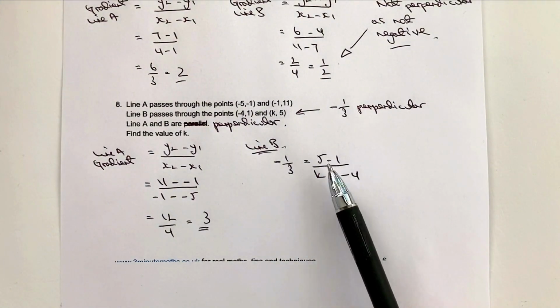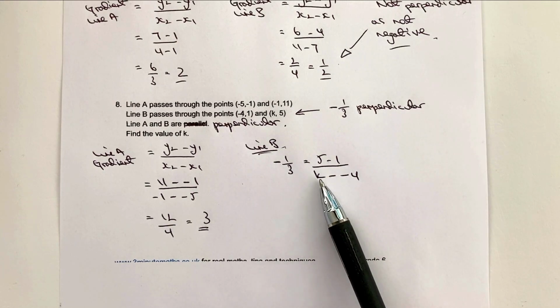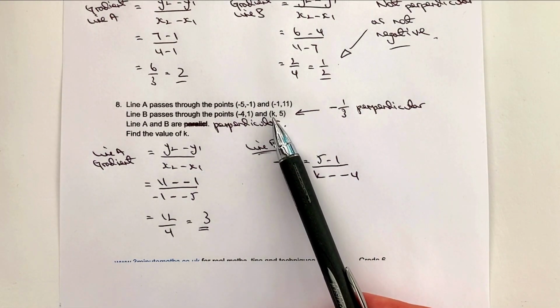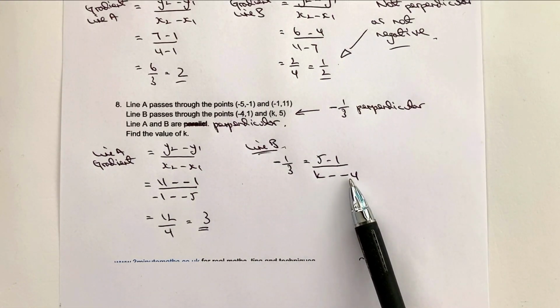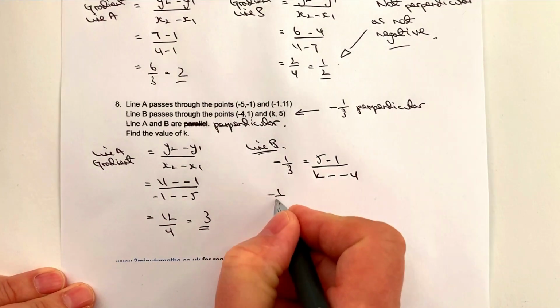Okay, so hopefully you're following this. All we're doing is taking y2 minus y1 divided by x2 minus x1, where x1 is minus 4. Then really it's just a case of solving for k. You need to find the value of k. So let's tidy that up a little bit. I'm going to leave minus 1/3 as it is.